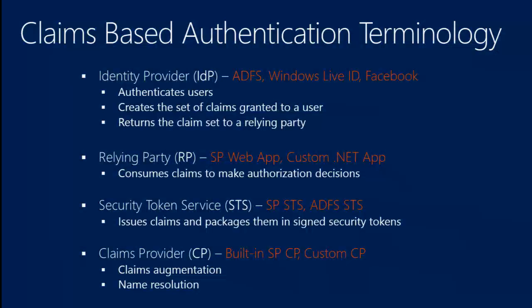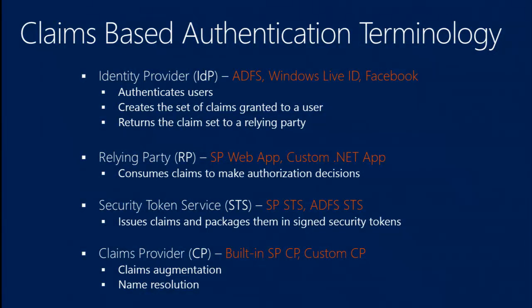Now, SharePoint comes with some default claims providers, such as the SharePoint All User Claim Provider that is displayed under the people picker with the label of All Users. So that's an out-of-the-box claims provider that comes with SharePoint.